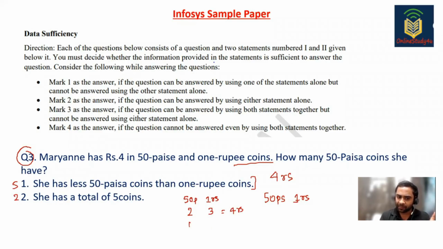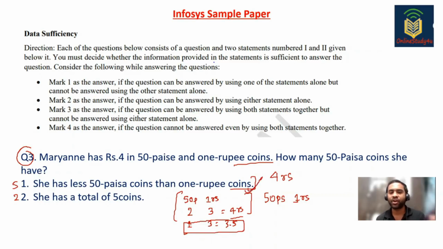If we take 1 50 paise coin, then 1 rupee coins would have to be 3.5, which is not possible. So we have only one combination here: 2 50 paise coins and 3 1 rupee coins make a total of 4 rupees. So statement 1 alone is enough to answer.